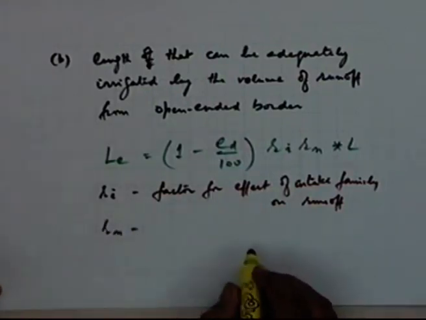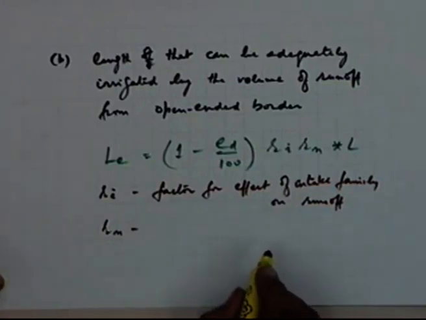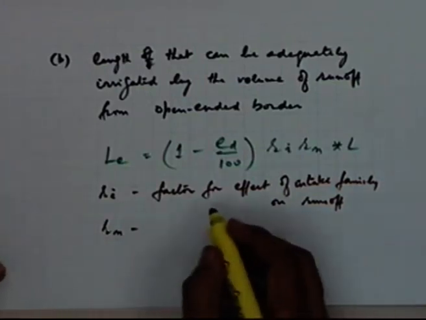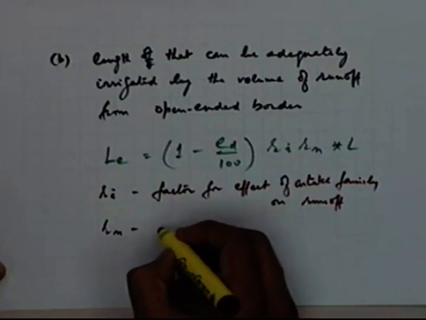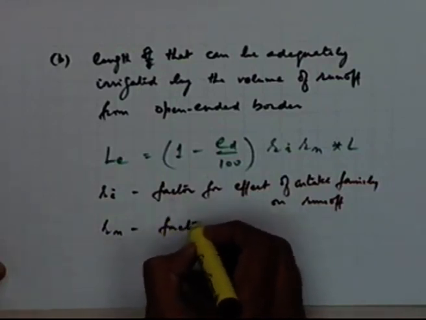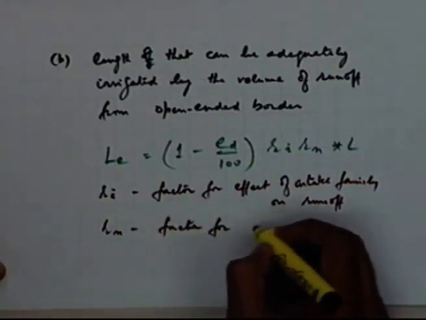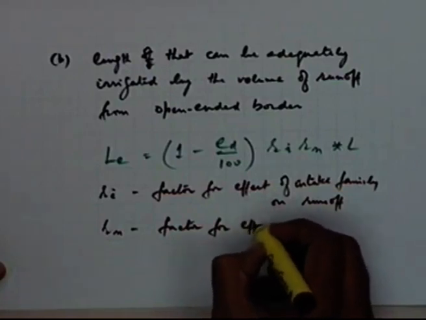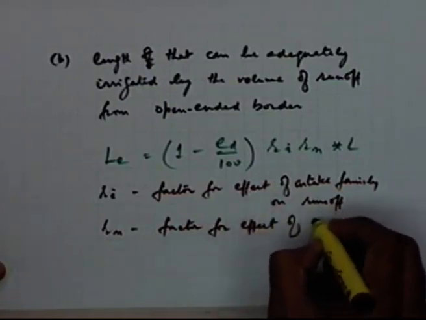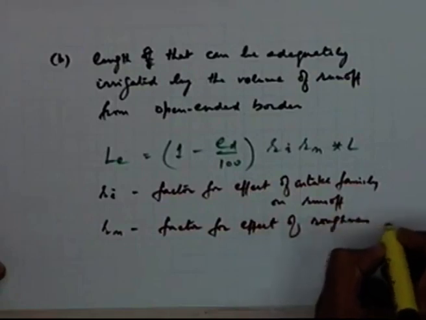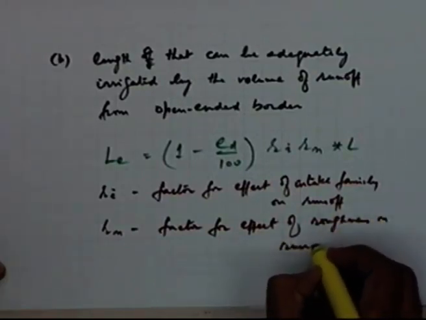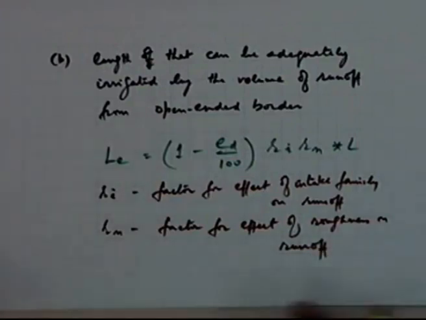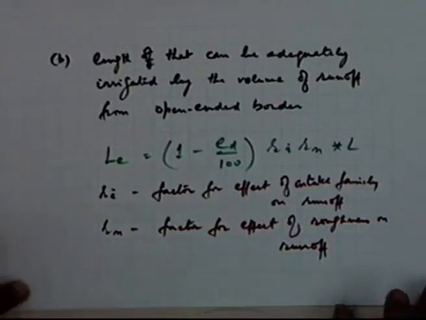Rn is another factor which is dependent on the roughness of the area. So this factor is used for the effect of roughness on runoff, and L is the original length of the border.